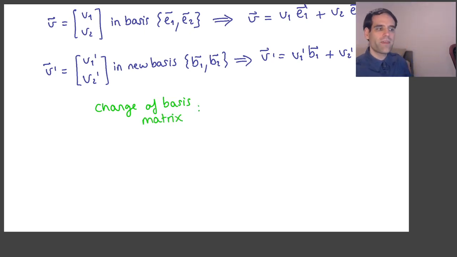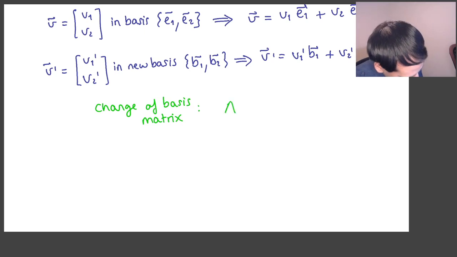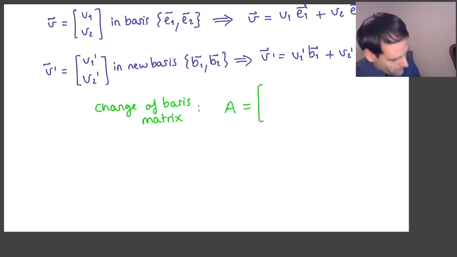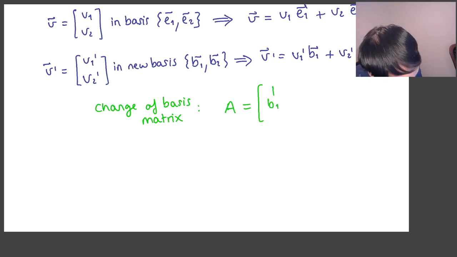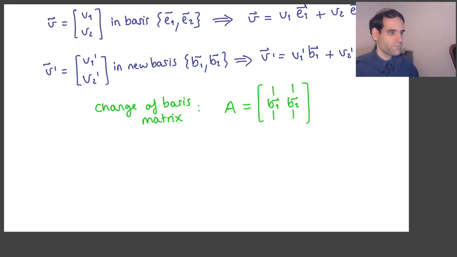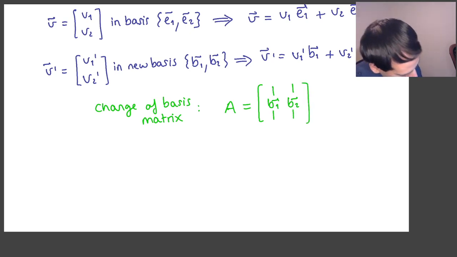And this change of basis matrix is built as follows. So our change of basis matrix A will have two columns. The first column will be the new vector v1, and the second column will be the new vector of the basis v2.